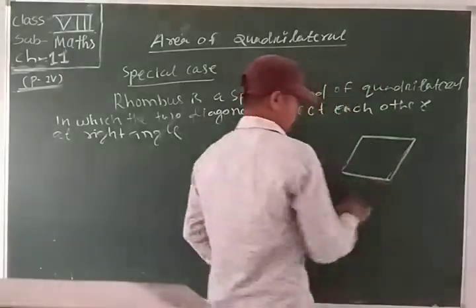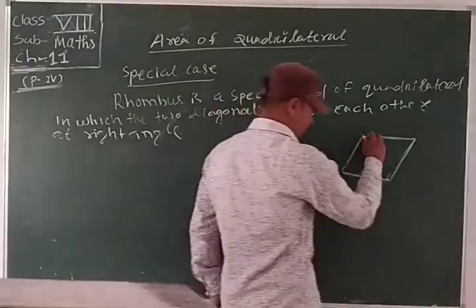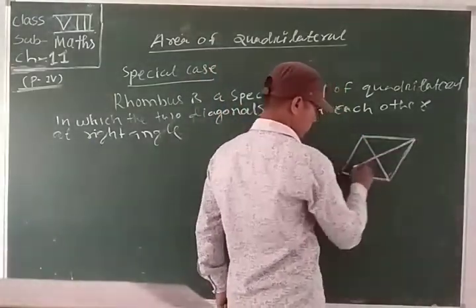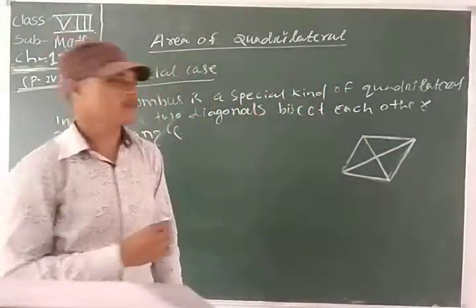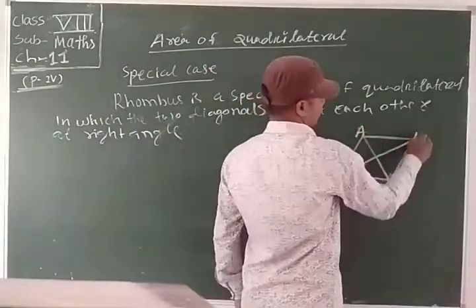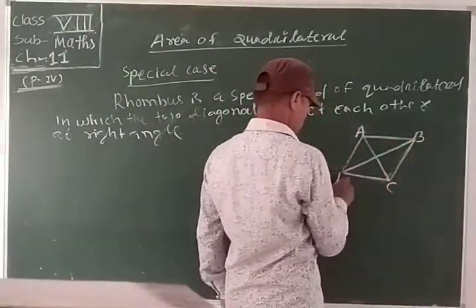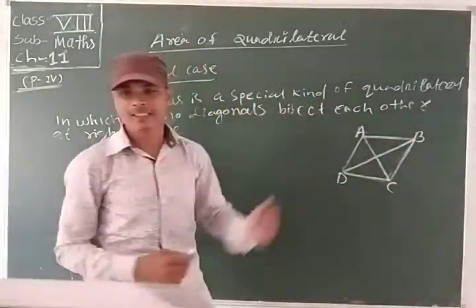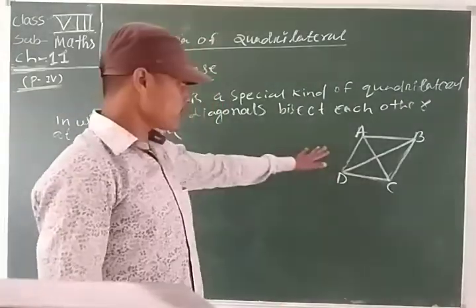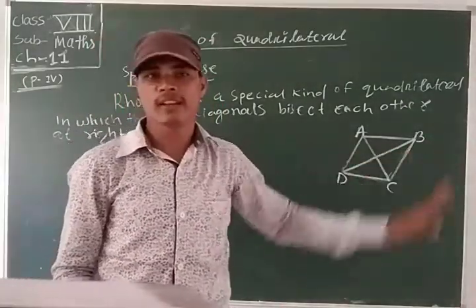In constructing a rhombus, there are two diagonals. Here are the diagonals. When we name it A, B, C, D, each side is equal.